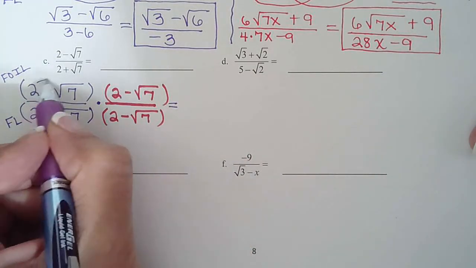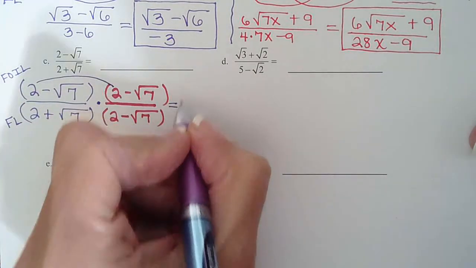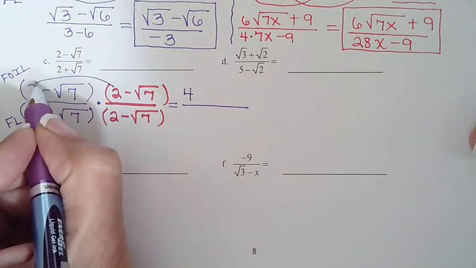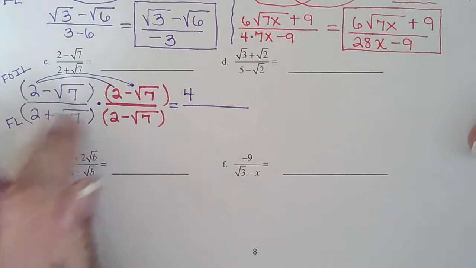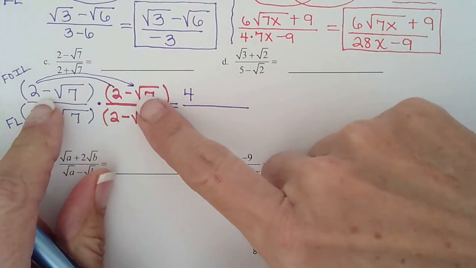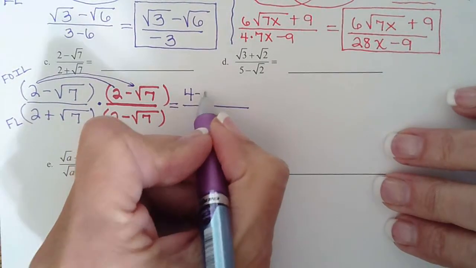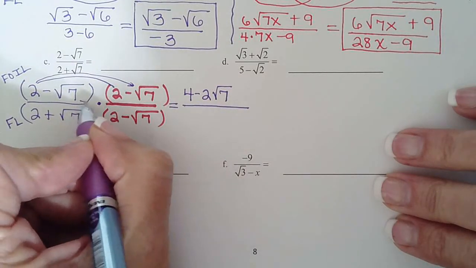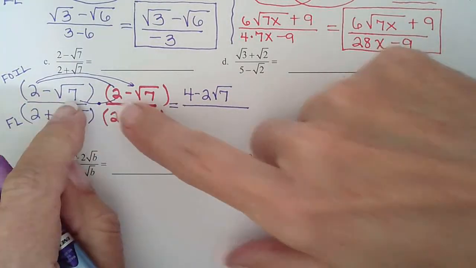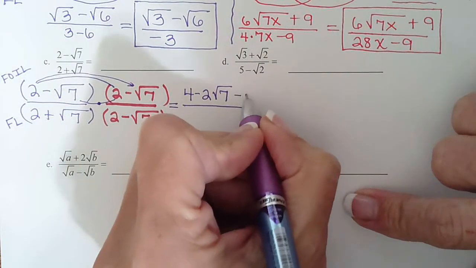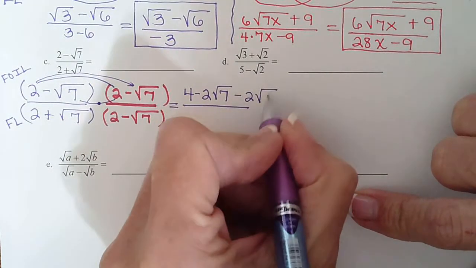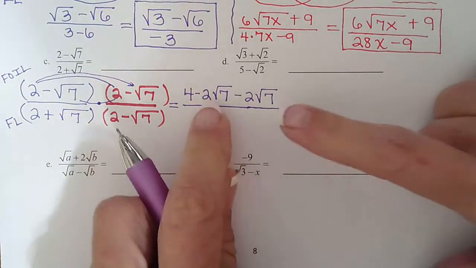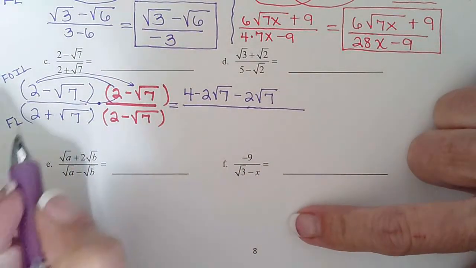So FOILing, we get 2 times 2, 4, minus 2 rad 7. Inner, we're going to get minus 2 rad 7. And remember when we did these earlier, I said don't cancel on these. So make sure you still don't cancel. They're not opposites. They do not cancel.